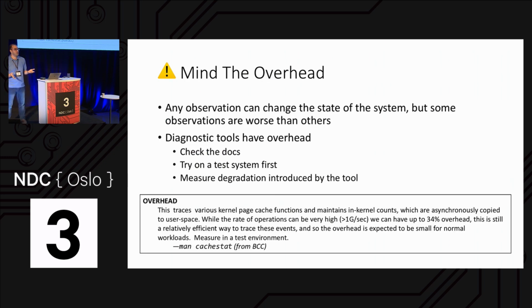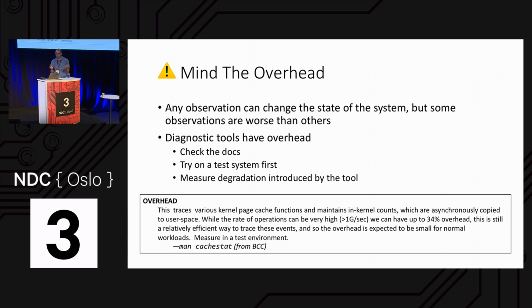Now, before we get started, if you actually intend to use my advice in production, if you intend to use any of this in your own production system, you have to mind the overhead. You have to know that production monitoring tools might occasionally have an overhead, which makes them unacceptable for your purposes.